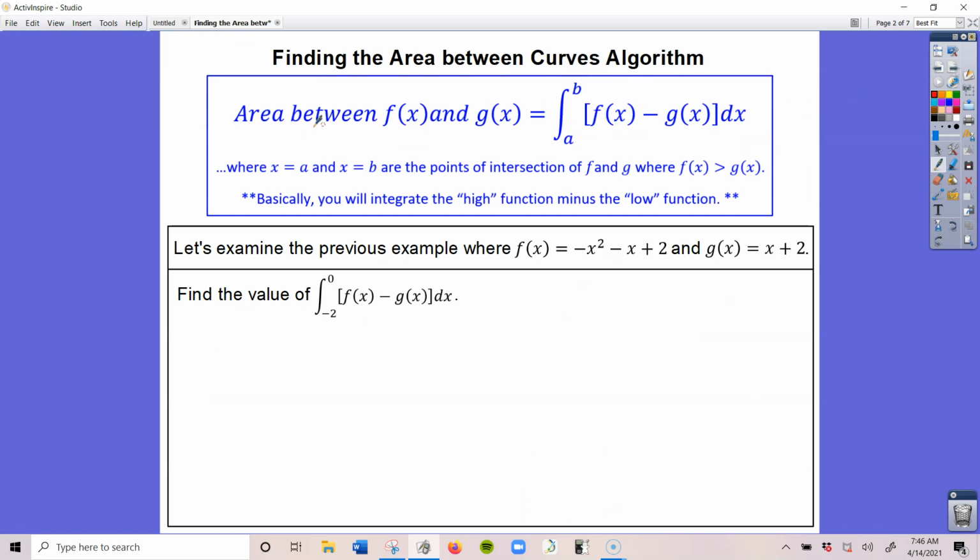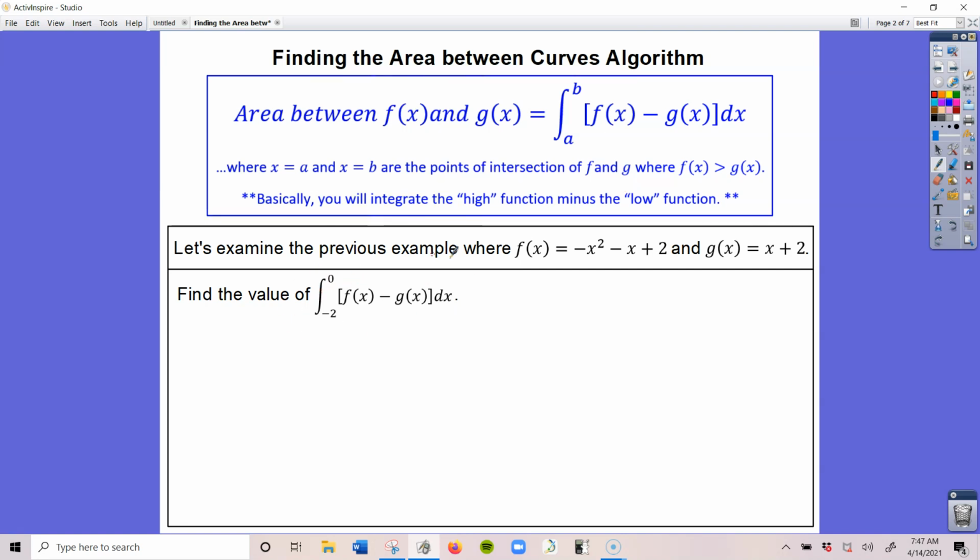So to find the area between f of x and g of x, what you do is you integrate from a to b, whatever the limits of integration would be, and then you subtract f of x minus g of x, where x is equal to a and x is equal to b, so the limits of integration are the points of intersection of f and g, where f of x is greater than g of x. So basically I put here, you will integrate the high function minus the low function. So you have to be able to identify which one is above the other.